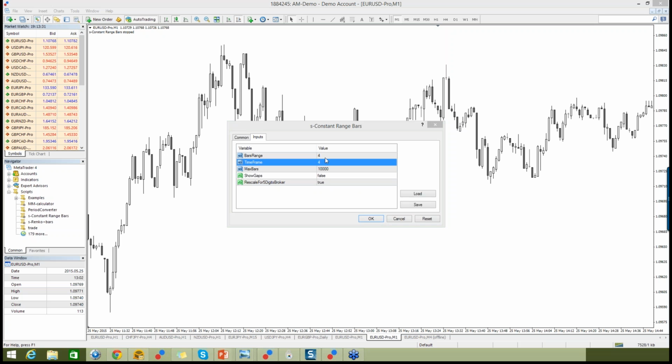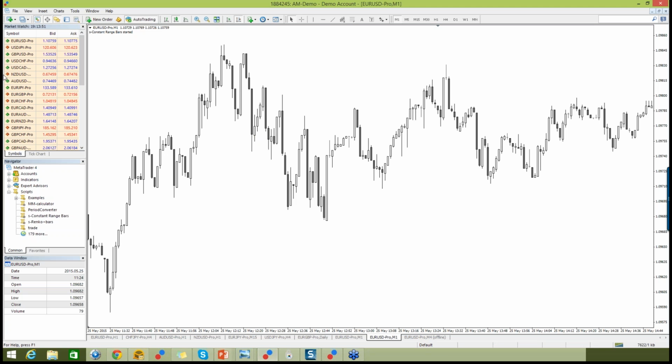It doesn't have any big purpose. It's just easier to find the time frame on offline charts. So we will use 4 and 4. If you need to put 12, you will put 12 bars range and 12 as the time frame. Then you press OK.